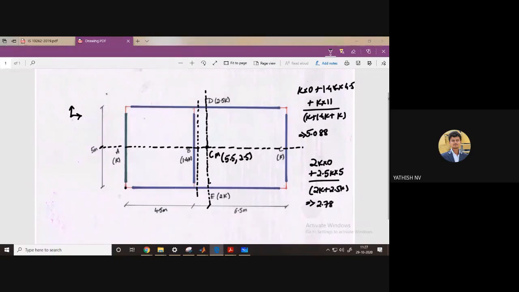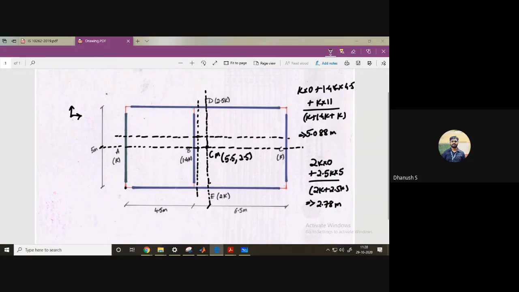Recurring, sir. Okay, we'll take 2.78. Is this number correct? Halfway is exactly 2.5, so your 2.78 will be somewhere here, correct? Yes, sir. So if I draw a line here, the center of rigidity is going to lie here.